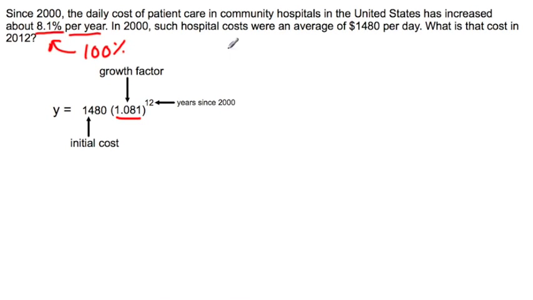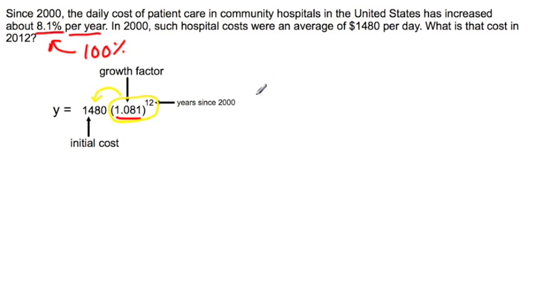Now what I want to do is go ahead and solve this. In order to do that, I need to remember my rules here. So please excuse my dear Aunt Sally. I'm going to take this 1.081, take it to the 12th power, and then I'm going to multiply it by 1480.